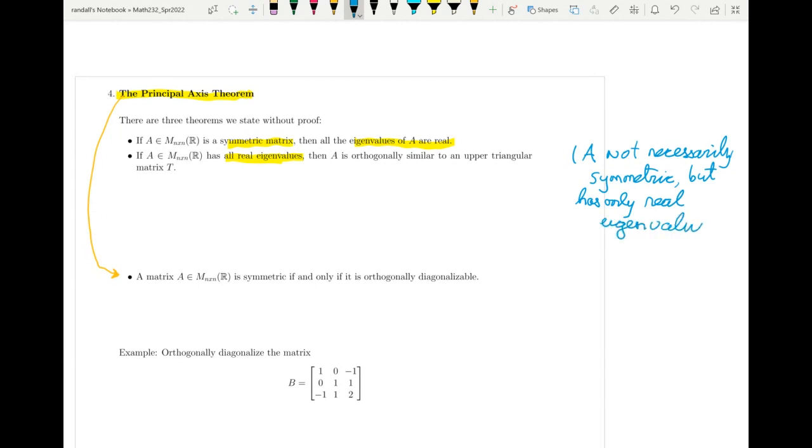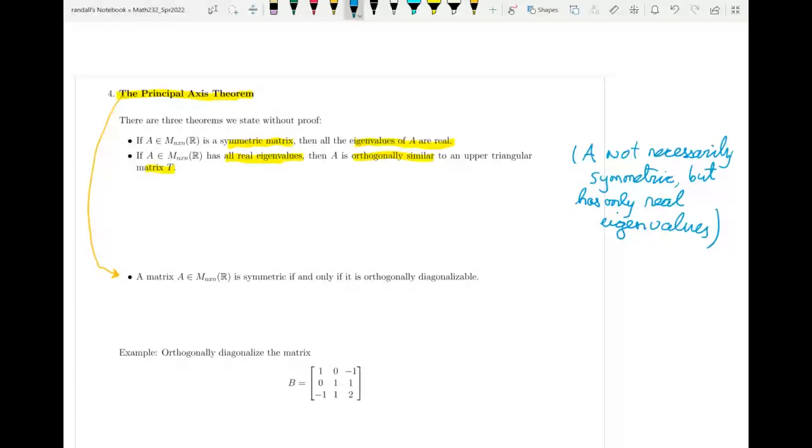Okay, so it is a special kind of matrix still, all right, but doesn't have to be symmetric. Symmetric are matrices like this, but these don't have to be symmetric. If this matrix has only real eigenvalues, it's orthogonally similar to something, but not a diagonal matrix necessarily, an upper triangular matrix T. So it's orthogonally similar to a triangular matrix, not necessarily orthogonally similar to a diagonal matrix.